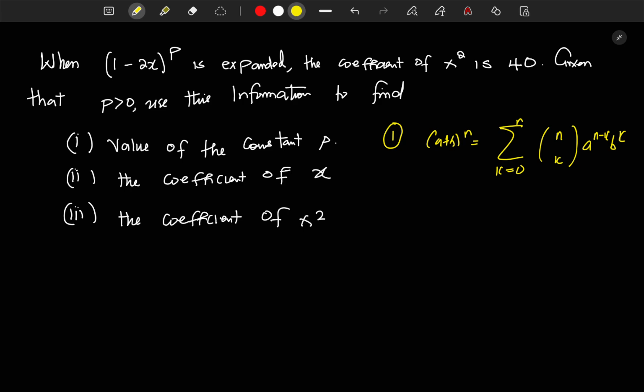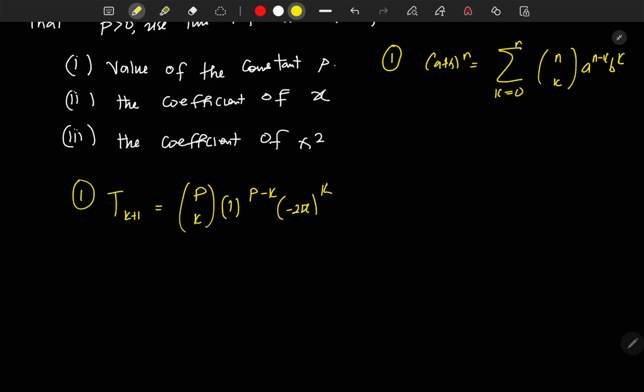So in our case, for part 1, since we are finding the constant p, we're looking for the term k plus 1, where p is the power now instead of n. Our a in this case is 1, so 1 to the power p minus k, and our b is now negative 2x to the power k.